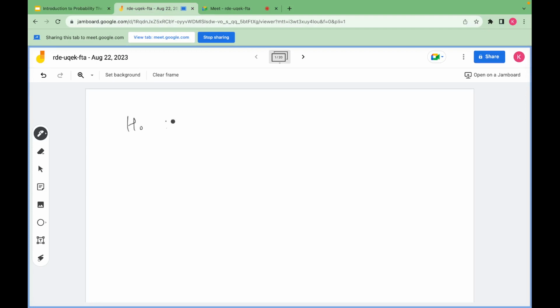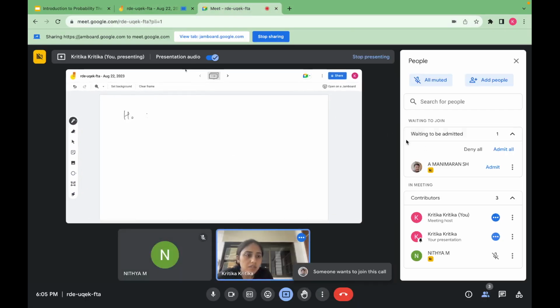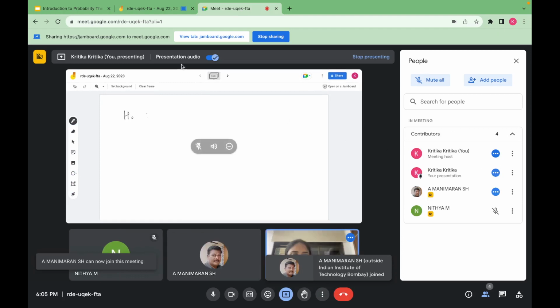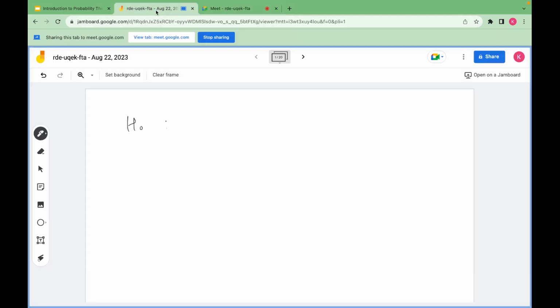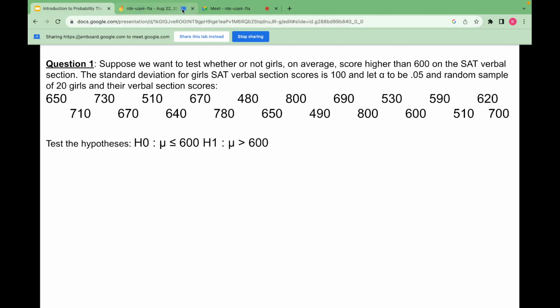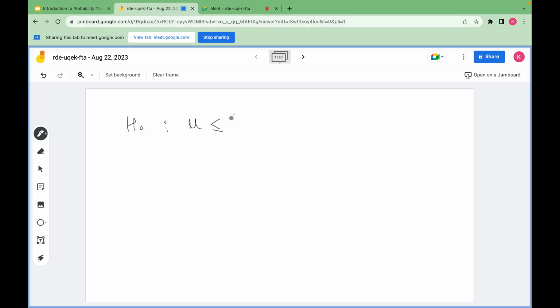So this H naught is mu less than or equal to 600 and H1 is mu greater than 600. As it is less than or equal to, we will use a one tail test.